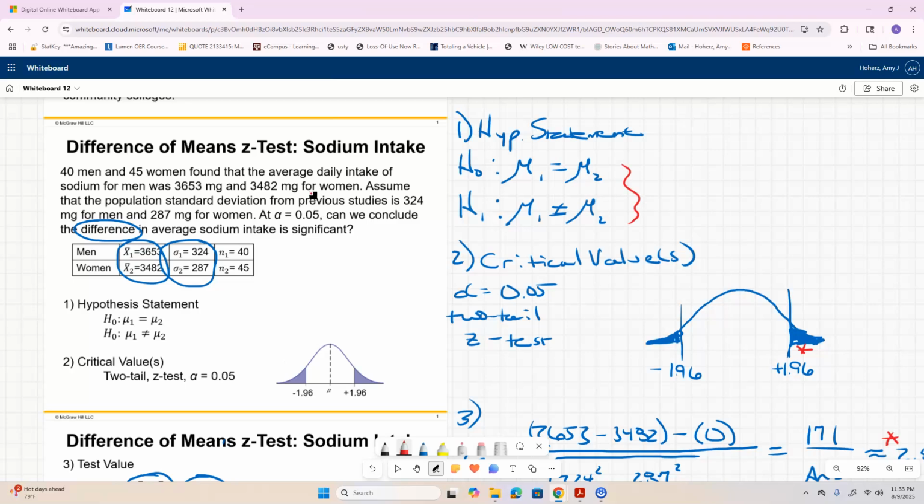Then they would have decided what alpha level and that they wanted it to be two-tail and so on. And then they would have taken their sample. So they wouldn't have known their sample averages of the two samples before they started to know that, well, maybe I should do a mu1 greater than mu2. They wouldn't have known that because they wouldn't have taken their samples yet.